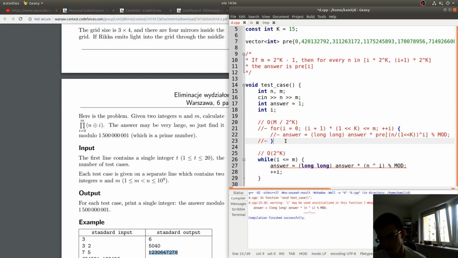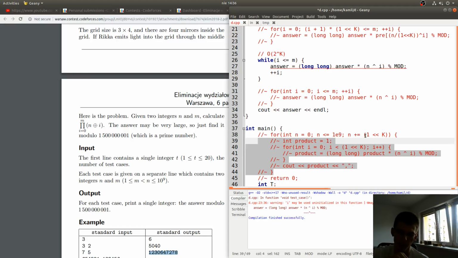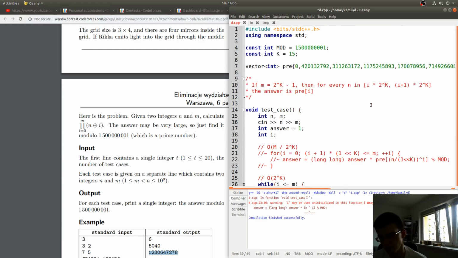We can't do that because here we use the preprocessed values. So here, preprocessing jumped with n every 2 power k, so it created 1 billion divided by 2 power k preprocessed values. And we can't fit so many into our code, because we were limited by something like 100,000 characters.